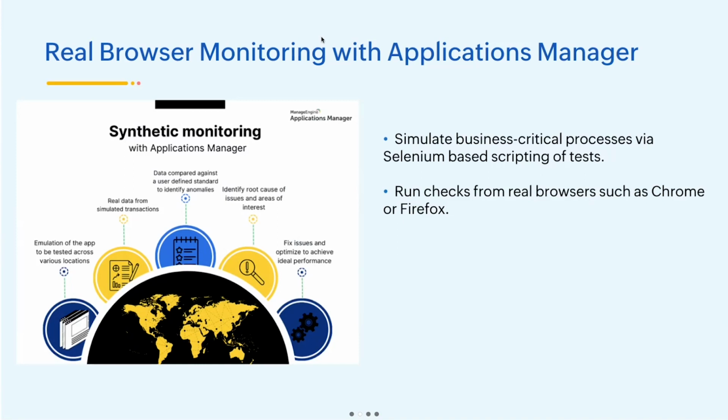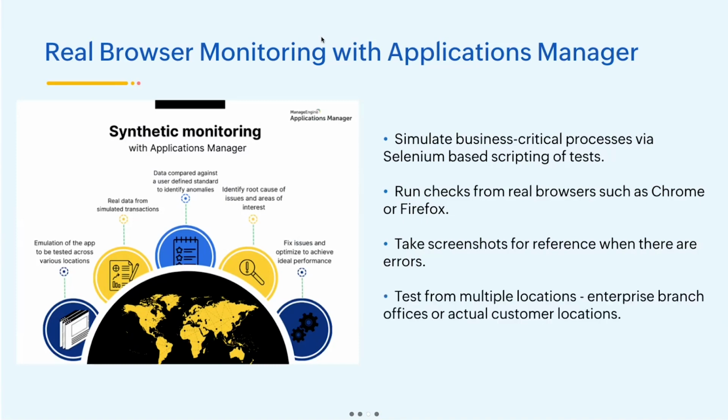So Applications Manager then opens up a real browser in which it plays the recorded transaction again to identify in case any error is occurring or not. During the playback, data collection takes place and all performance metrics are then published on your monitoring dashboard. It also helps you take screenshots during the playback in case there are any errors. Now, the main advantage of synthetic transaction monitoring in Applications Manager is that you can test from multiple branch locations.